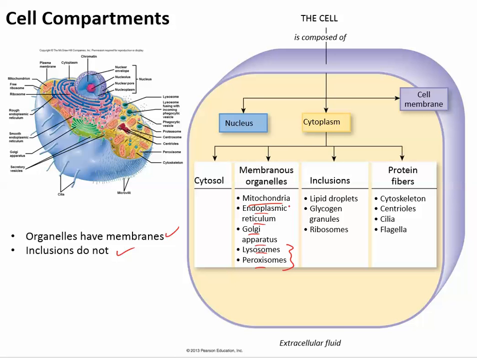And the ER and the Golgi are used to make proteins, and then the mitochondria is used to make energy. These are the organelles. And then there are inclusions. It gives the example of lipid droplets, glycogen. Glycogen is that chain of glucose molecules that's used to store glucose for later use. And then ribosomes, and we'll talk about ribosomes in the next section.